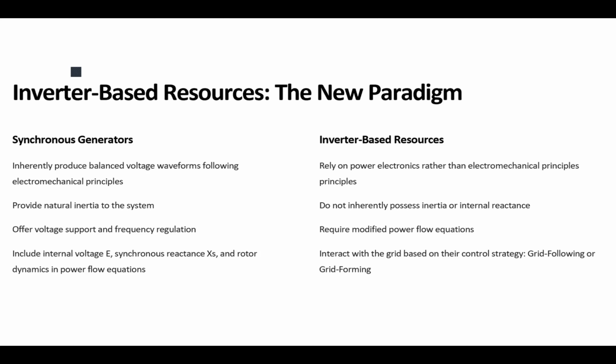Next, they offer voltage and frequency support. That again is based on their natural behavior and how they work. Since they have that inertia, they can provide or inject energy in the form of reactive power if needed to stabilize the voltage level.